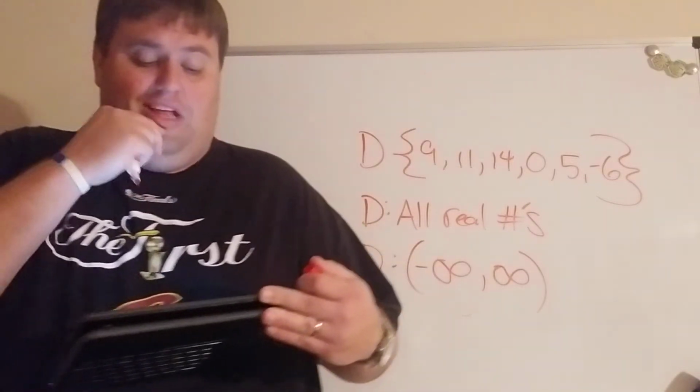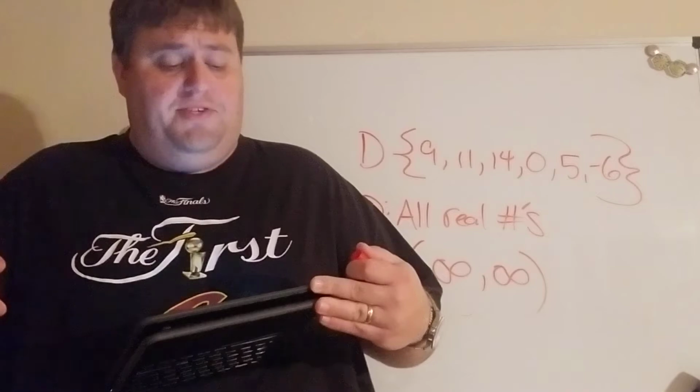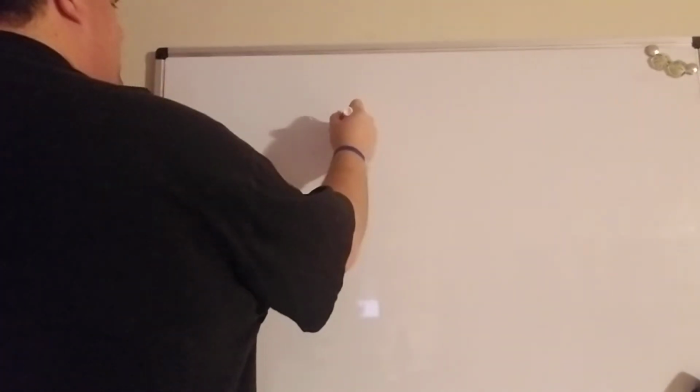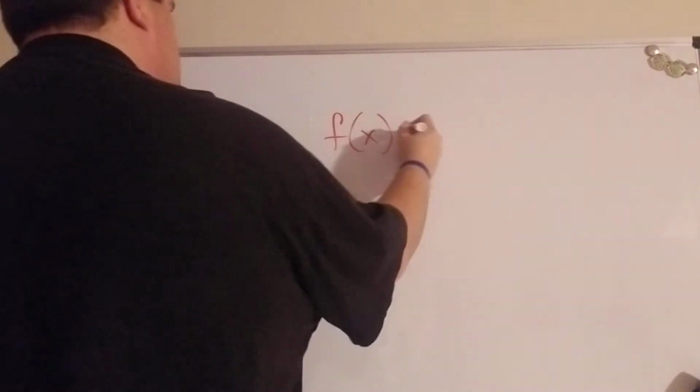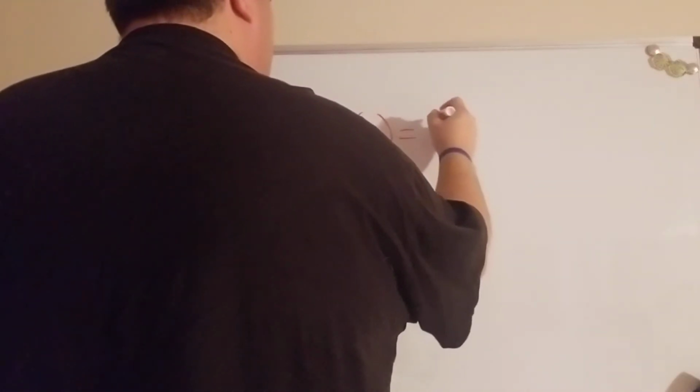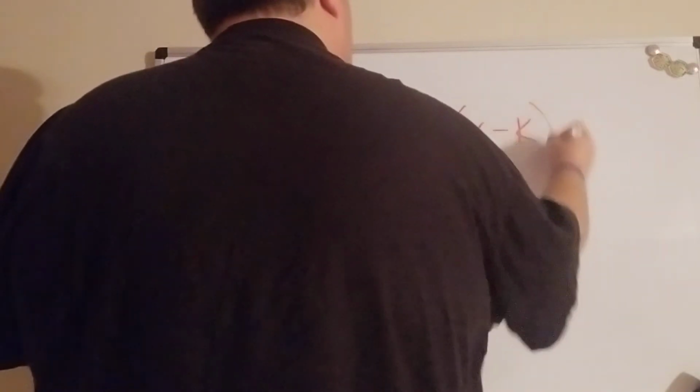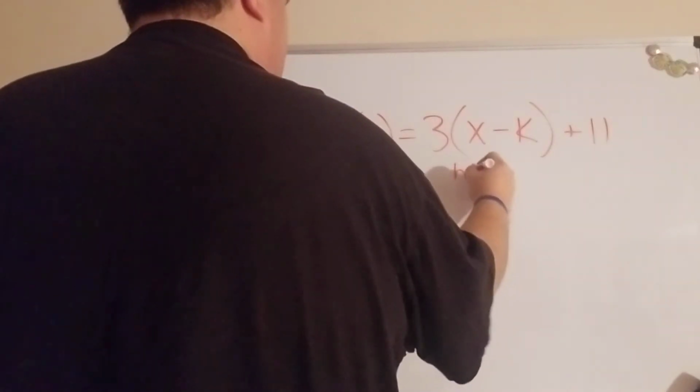Let's see. 11 through 14 talks about the shifts. So remember, if the shift is on the inside next to x, if our k value, if you want to think of it that way, is there, if you see something over here, that's horizontal.